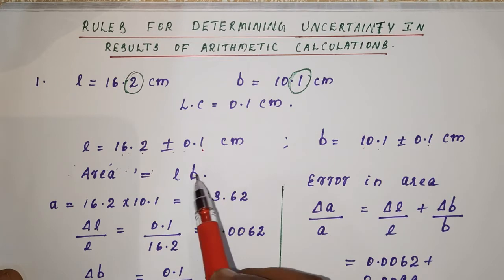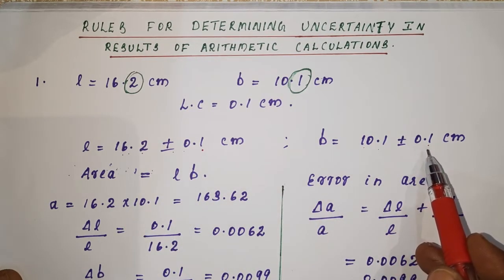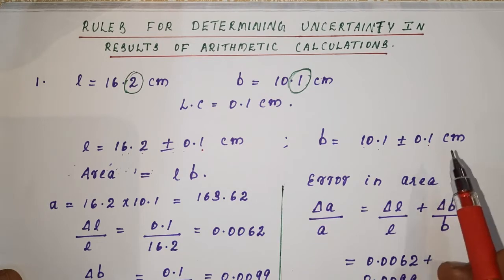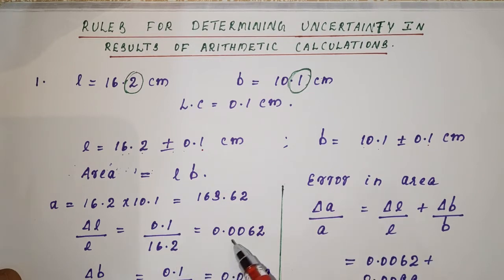Now you have to find the relative error in L and the relative error in B, because to find the error you need the relative error. The relative error in L is 0.1 by 16.2, that is 0.0062. The relative error in B is 0.1 by 10.1, that is 0.0099.